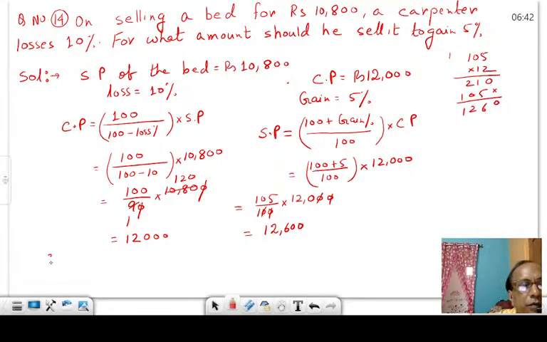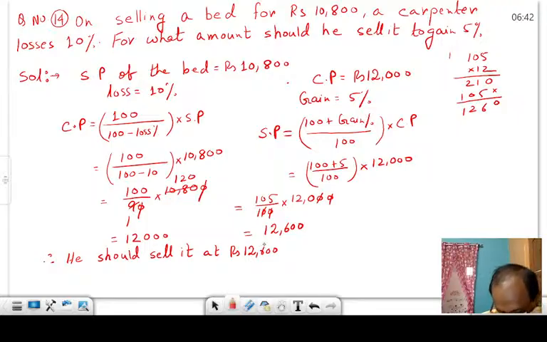Therefore, the answer is, he should sell it at rupees 12,600 to gain 5%, and that is the answer, right? In this way we have to solve all the questions.